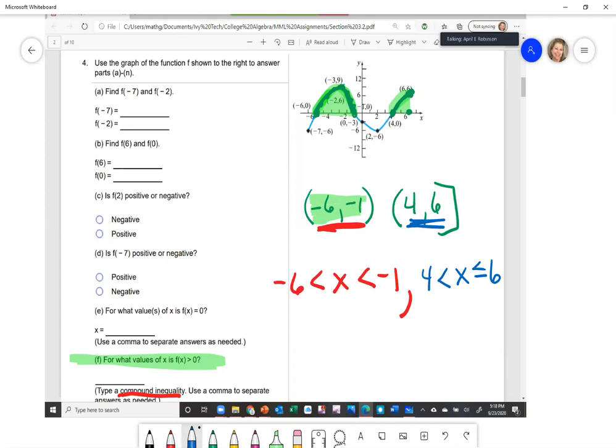All right, that makes a lot more sense. Thank you. Remember, I can't use these because it didn't have an equal to here. So you have to see them as if they're open circles, even though I know they're solid dots.